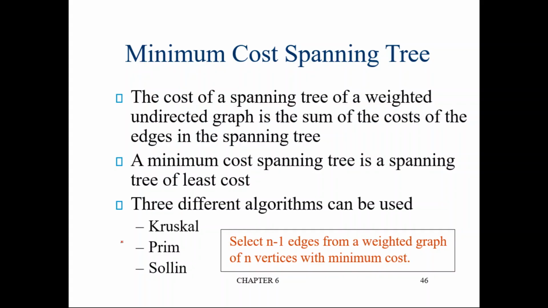Just before this, we discussed the spanning tree, which is constructed from the graph, and that is a tree. If the graph has n vertices, then the spanning tree will have n minus 1 edges. Now the minimal cost spanning tree is very much related to the spanning tree, but there is a slight difference.